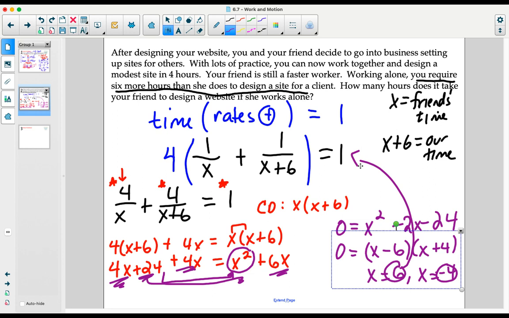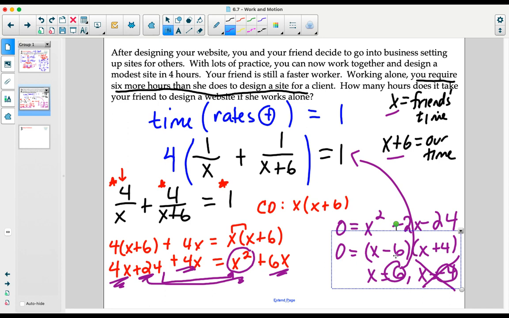The problem with that is that one of them doesn't make sense in the context of this question, not in the context of the rational equation. So if we're looking at this x as a representation of time, we have our friend's time and our time. This solution is no good. Our friend cannot work for -4 hours while we work for 2 hours, which would be +6.